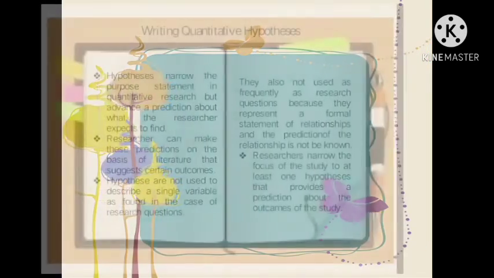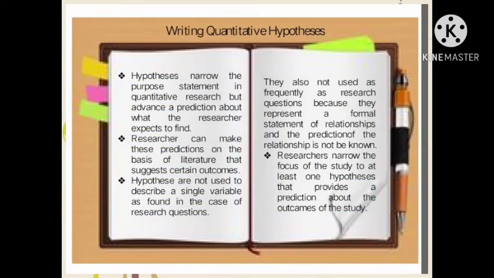And then writing a quantitative hypothesis. Hypotheses narrow the purpose statement in quantitative research, but advance a prediction about what the researcher expects to find. Researchers can make these predictions on the basis of literature that suggests certain outcomes.